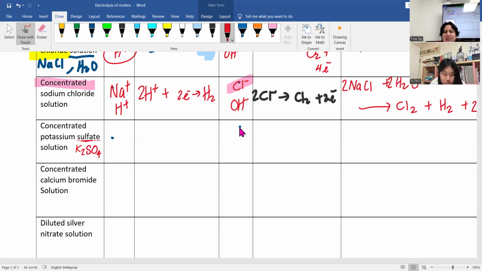SO4 from sulfate, K plus from potassium, hydrogen and hydroxide. Yes. Okay? Now you choose.